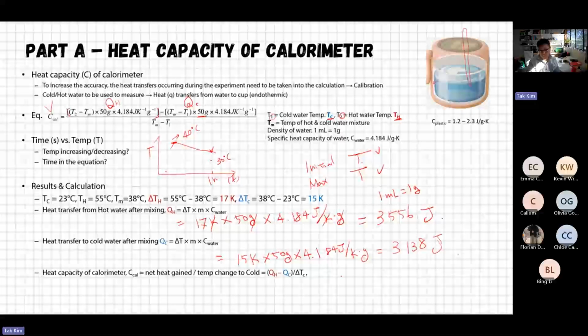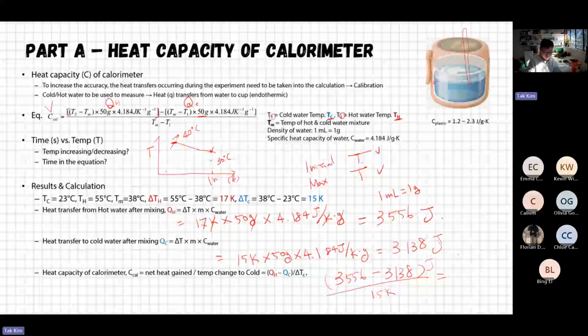So QH is 3,500 minus around 3,200. That should be in joules, and then divide by the temperature change from mixed to cold, which is 15 K, right?